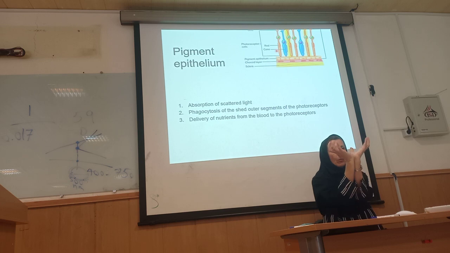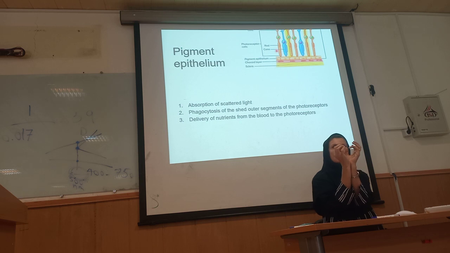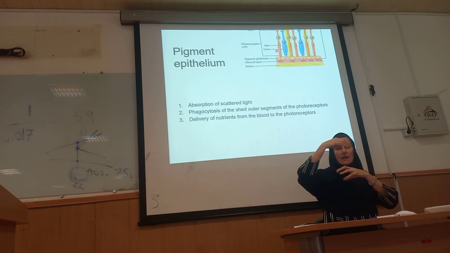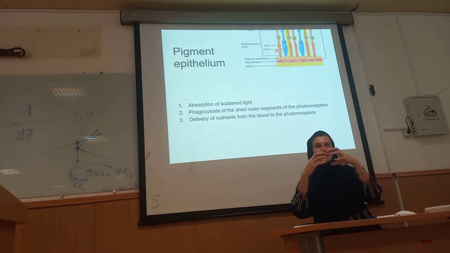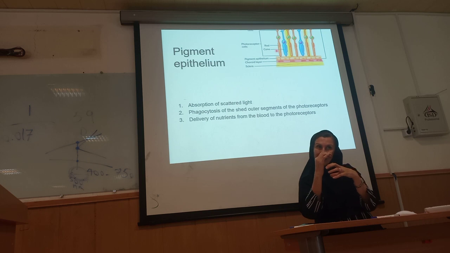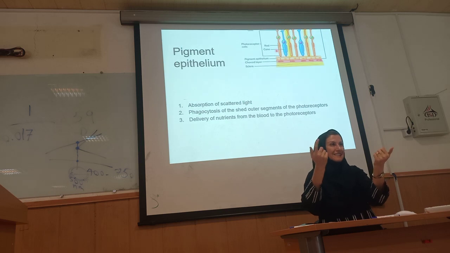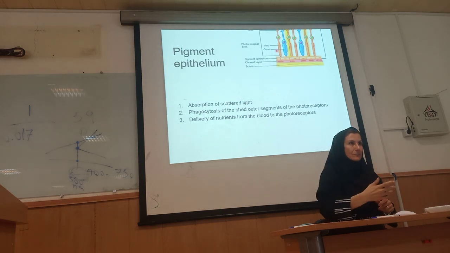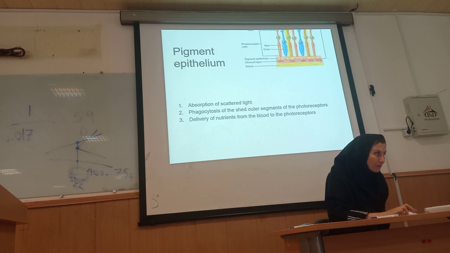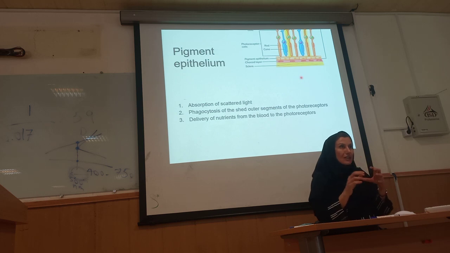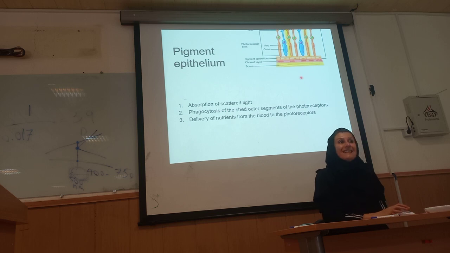More than this choroid layer, we have the central retinal artery that nourishes cells in the retina, but in the inner part of that. For example, ganglion cells, bipolar cells, and the inner part of photoreceptors. But the outer part of photoreceptors depends on the choroid layer a lot.